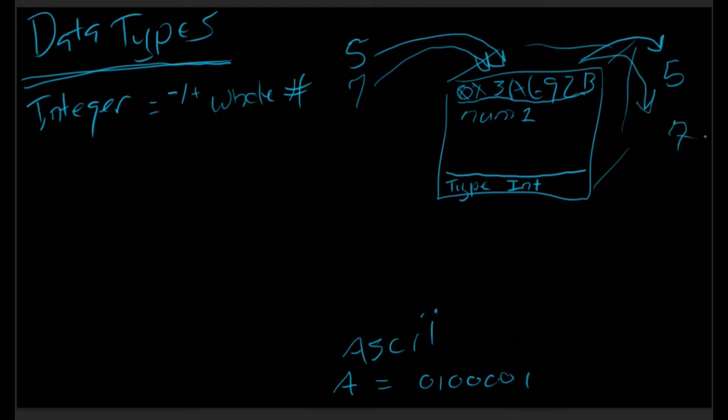So we can put a value into that box and we can pull a value out of that box. We can replace the value in that box, but we can't have multiple values in that box. We can't say, okay, num1 is going to be 5 and 7. It can't do that because this box can only hold one value. Hence, it's num1, the first number, right?